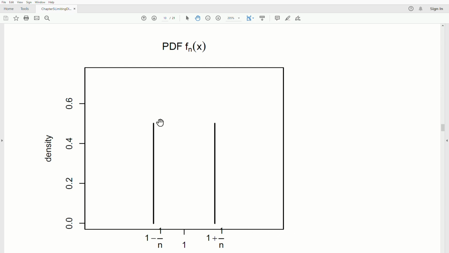So we have 2 points at 1 minus 1 over n and 1 plus 1 over n, and they're each a half. So you add them, it is 1. Now as n increases, both of these lines start merging towards 1, and at any given n, it's still a valid PDF. But as n goes to infinity, this converges to 0.